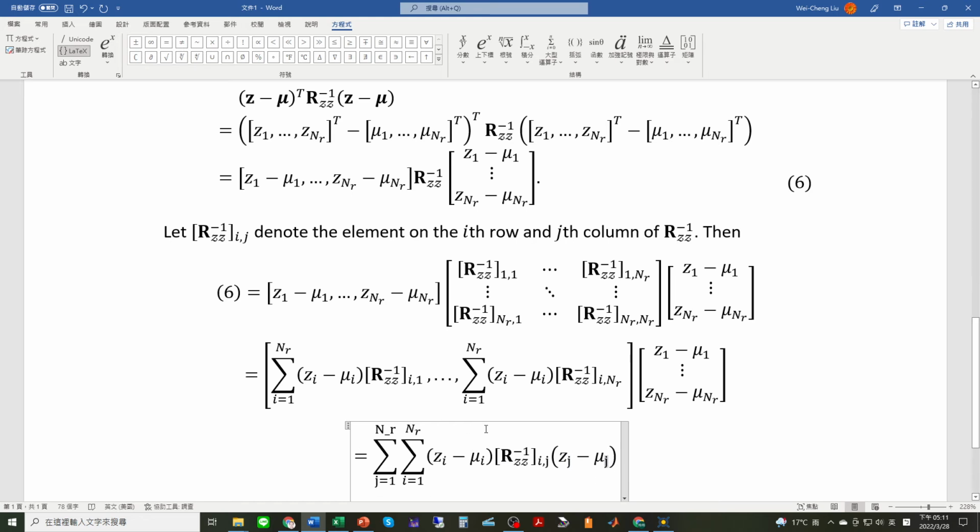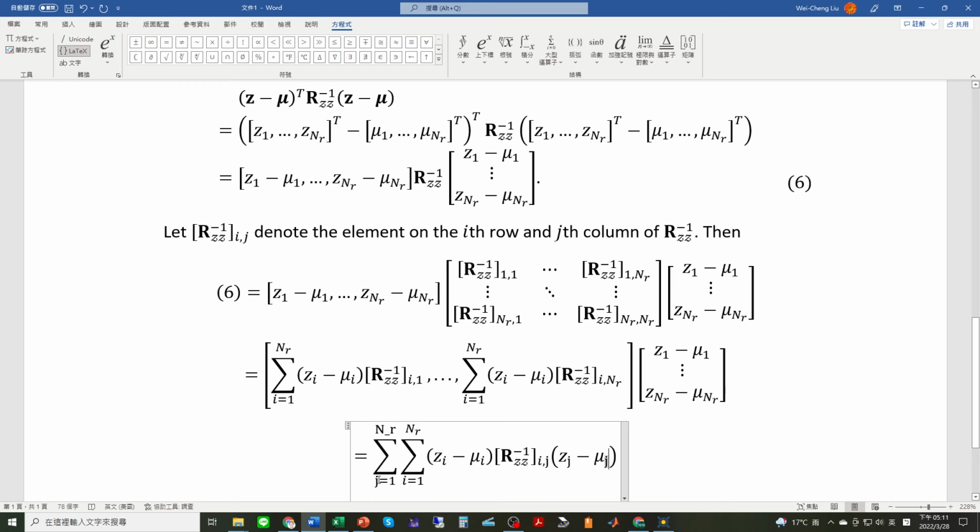Okay, do you understand this? I multiply this term and this term and so on. Finally, plus this term times this term. So we will have Zj minus mu J here. And another summation appears here.